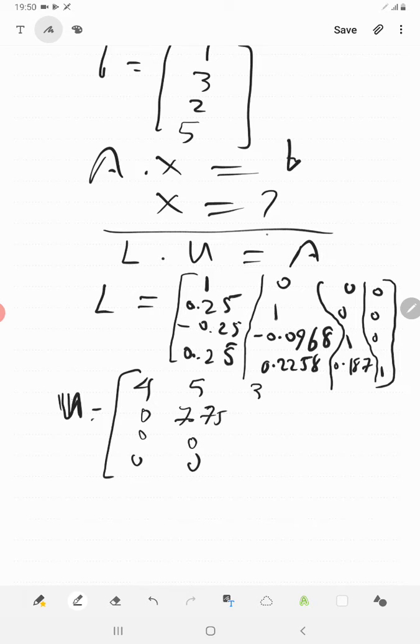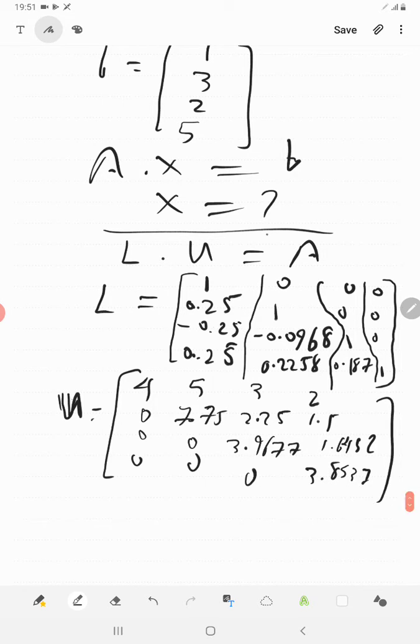The first row is the same, it doesn't change. 2.25 and 3.9677, and here is 0, and then 2, 1.5, and 1.6452, and then 3.8537.